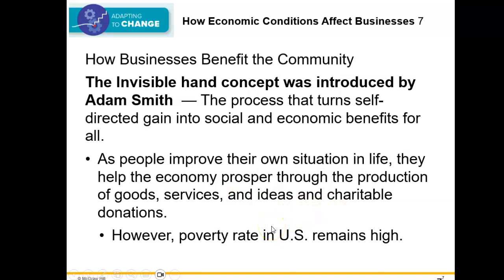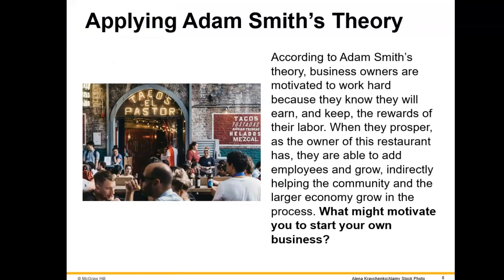So basically, he's saying that as people become more successful, that's going to help the economy as a whole. Do you subscribe to that philosophy? Some may say yes. However, poverty rates in the United States remain high despite the fact there are many successful individuals and companies here in the United States of America.